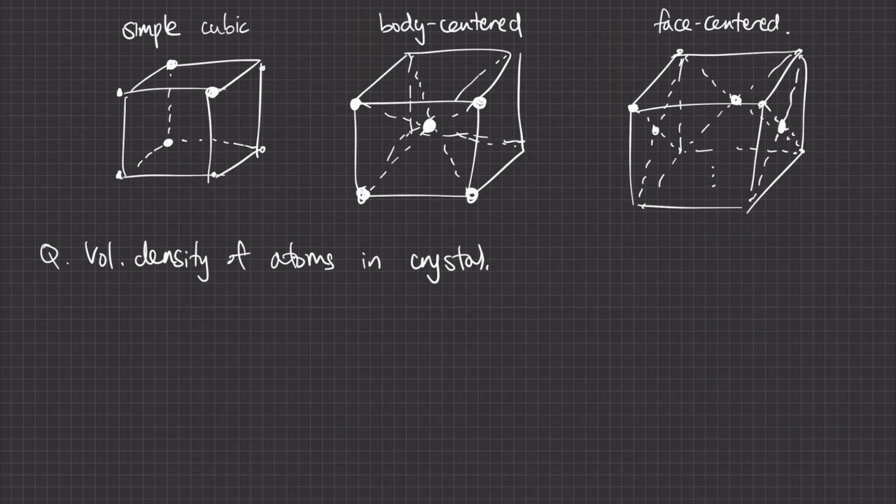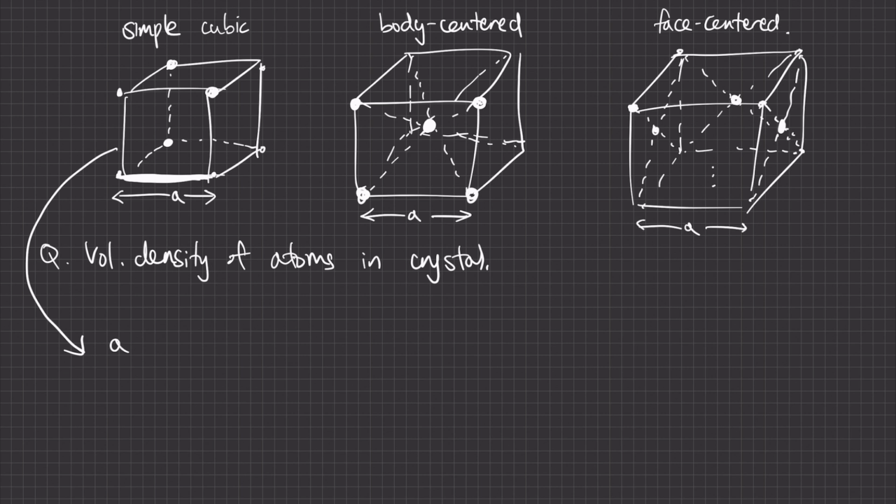So, for example, if you have this simple cubic, and we have a lattice constant, which is the length of the edge, let's call this a. And that's also an a. Also an a.